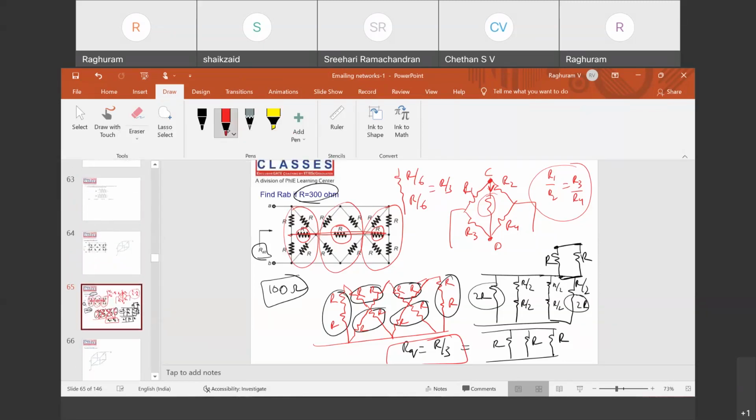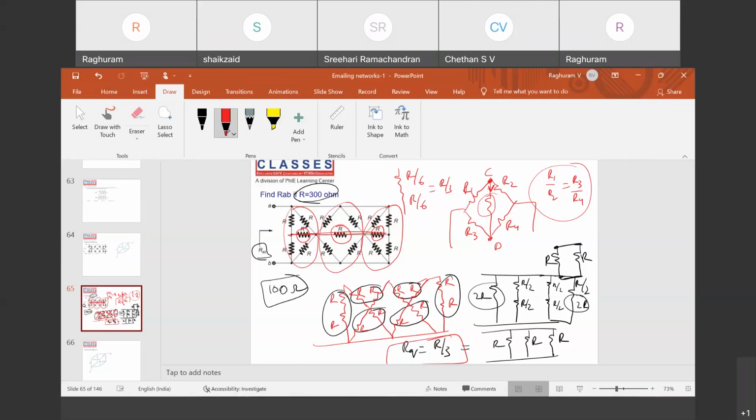Are other bridges important in our HAL exam? Other bridges like the Schering bridge are important from the point of view of measurements, if you want to measure inductance and so on. The HAL exam syllabus hasn't been given, but whatever they have mentioned will be in line with GATE.